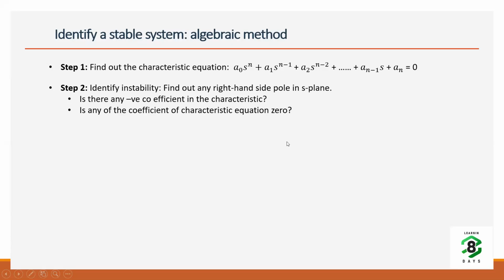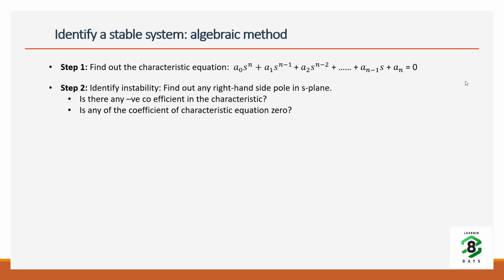First step: instead of finding stability, try to identify instability. Is there any negative coefficient in the characteristic equation, from A0 to AN? If you find any negative component, you can be sure of at least one pole on the right hand side. Simple message.